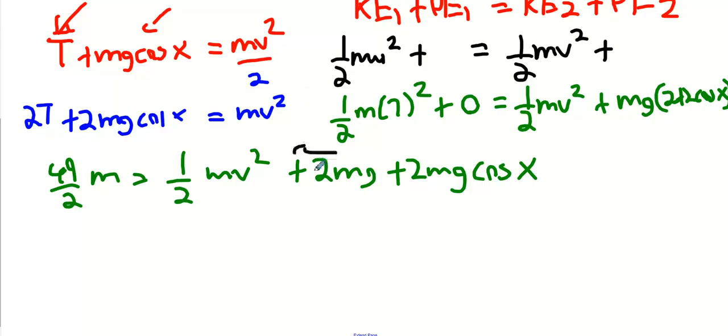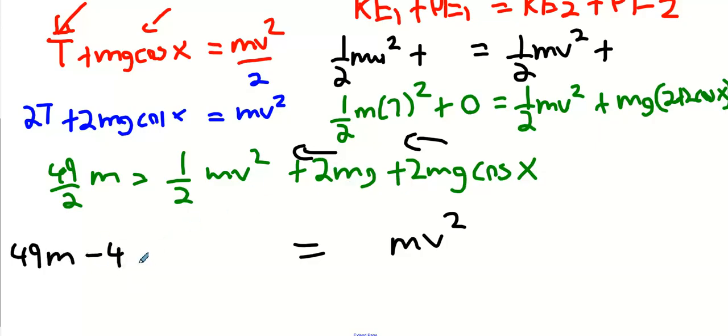And I'm going to take them over at the same time. So what's my next line look like? Anybody tell me? 49m, yeah. Minus 4mg minus 4mg cos x. If you will, multiply both sides by 2 and then transfer over.